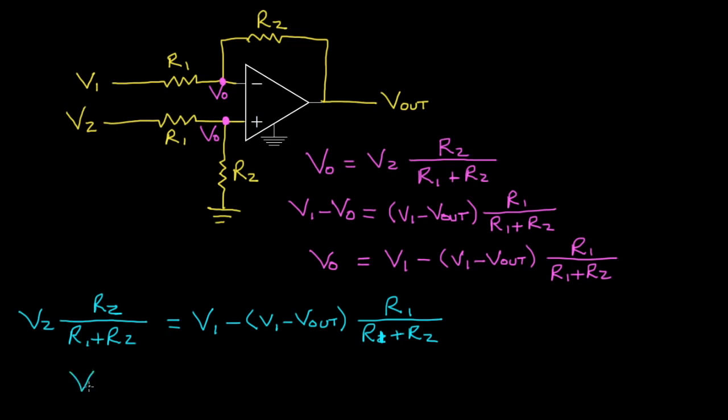So that'll give me V2 times R2 is equal to, well, multiply this side by R1 plus R2, we'll have V1 times R1 plus R2, so that's V1 times R1 plus V1 times R2, and then minus, when we multiply this part of the equation by R1 plus R2, we'll lose the denominator and we'll have R1 times V1 and R1 times V out.